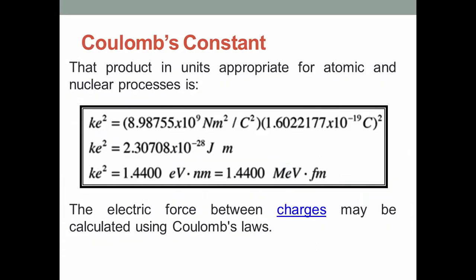The product in units appropriate for atomic and nuclear processes is k e squared, where k is 8.9 times 10 to the power 9 Newton meter squared per Coulomb squared and e is the electron charge, 1.6 times 10 to the power minus 19 Coulomb, whole squared. e is the charge of the electron. So multiplying these we get 1.44 mega electron volt.